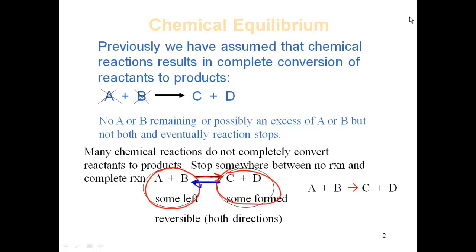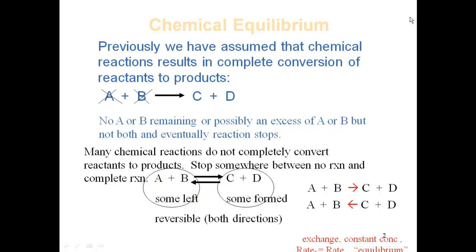So I have A and B forming C and D. When I reach this point of equilibrium, I have C and D forming A and B, but it's doing so at the same rate. So basically A and B is forming C and D at some forward rate, and I have C and D forming A and B at some reverse rate, and those rates are equal. When I'm at that point of the rates being equal, I have what we refer to as an equilibrium condition.